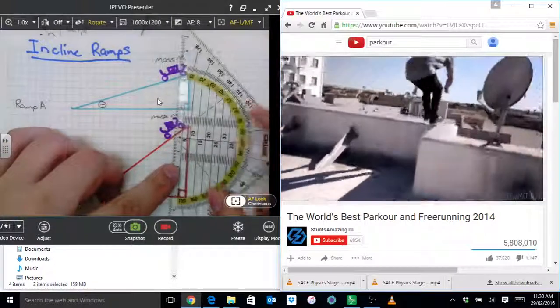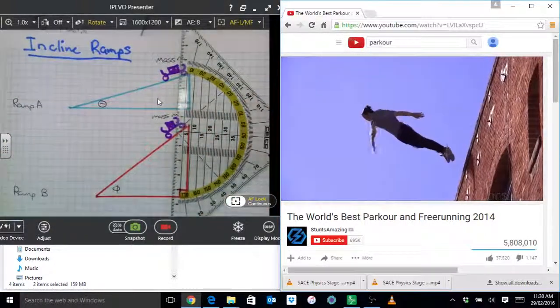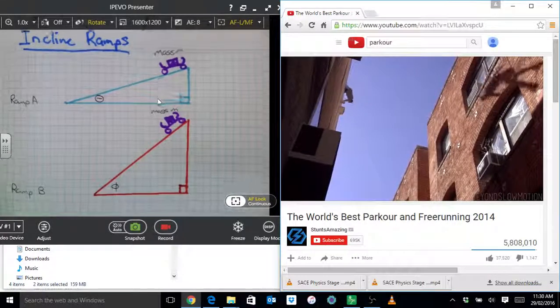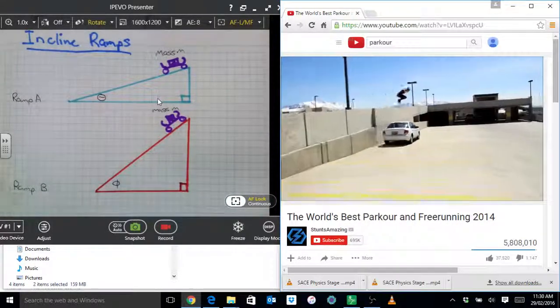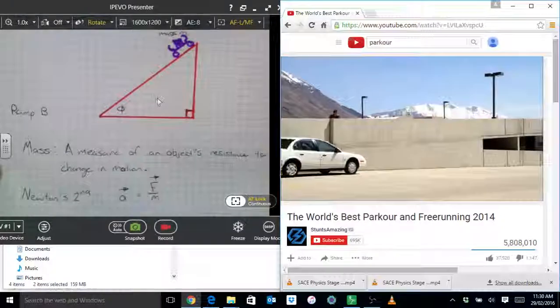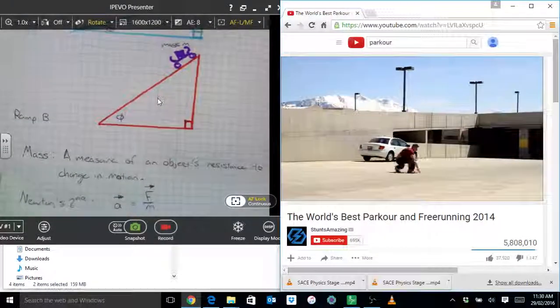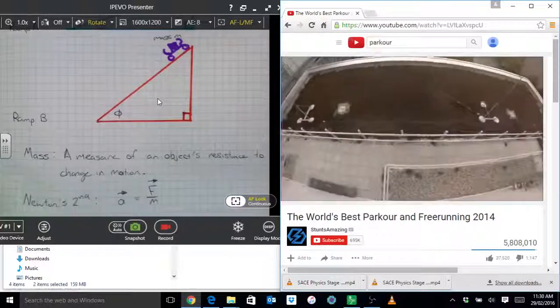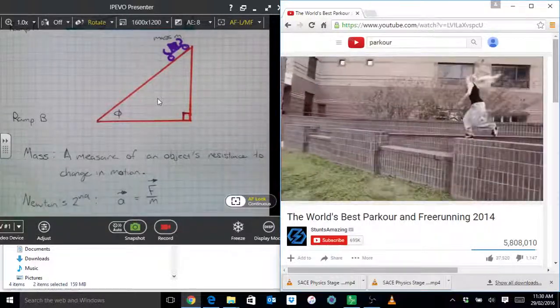acceleration. Actually, before I do that, let's go through some key terms first of all. So first term is mass. A mass is a measure of the object's resistance to change in motion. So that's independent of gravitational fields.